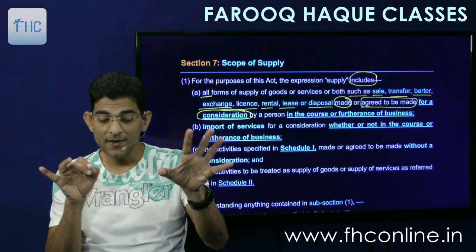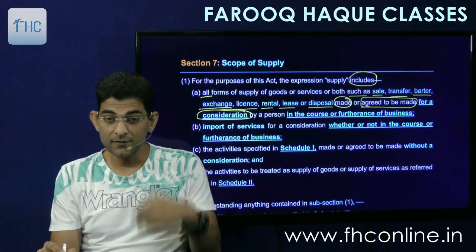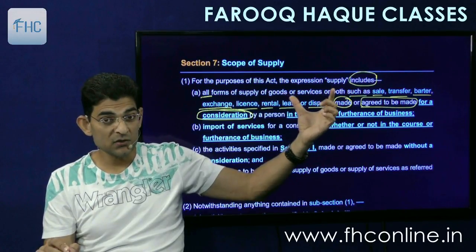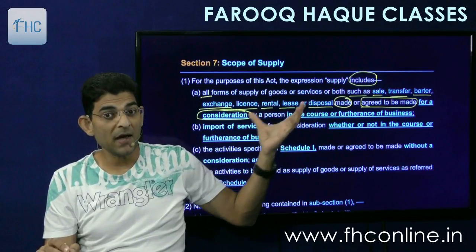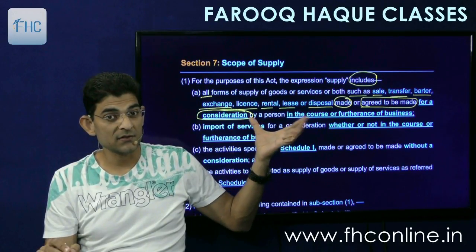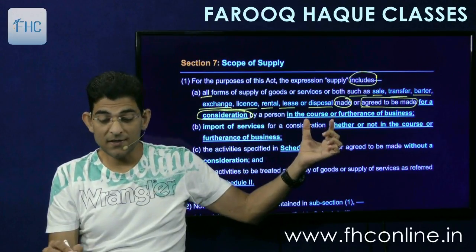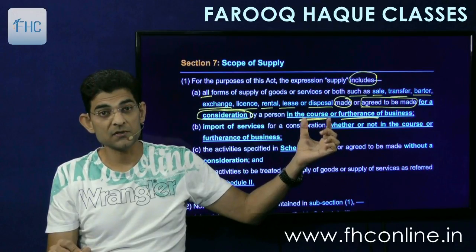And in the course or furtherance of business. These are different types of transactions. To be called a supply under clause A, they should have these two characteristics. Number one, it should be for consideration. Number two, it should be in the course or furtherance of business.